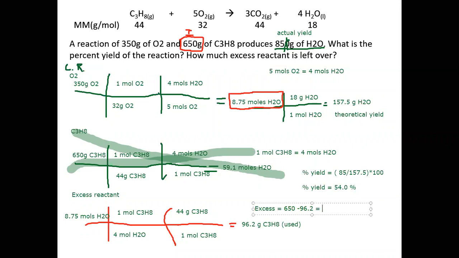Get 553. And this is how much is in excess. That's how much propane is left over from this experiment.